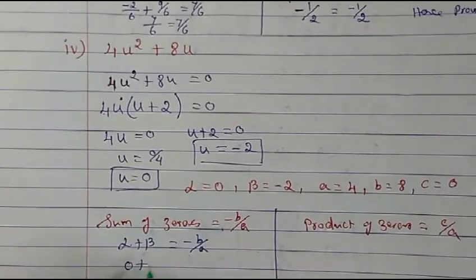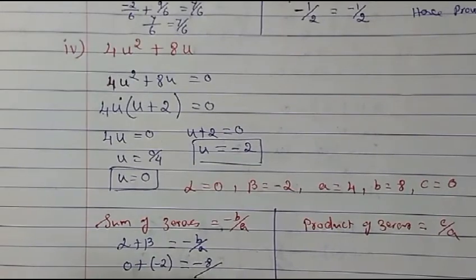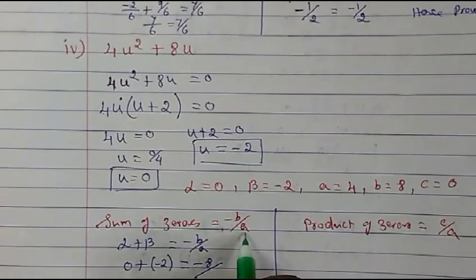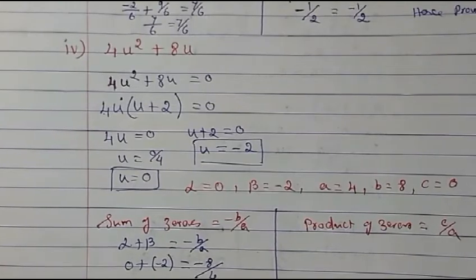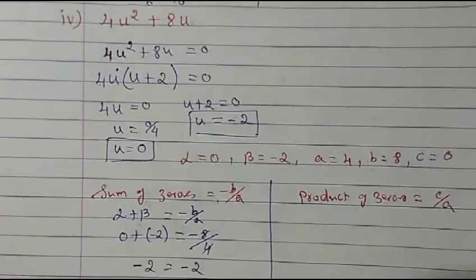Alpha is 0 and beta is minus 2. Then minus we write as it is. B is what? B is 8. A is 4. So then this will give us minus 2, and if we cancel we get minus 2.